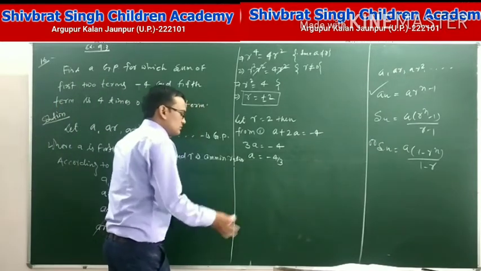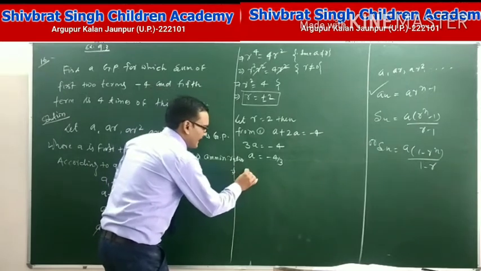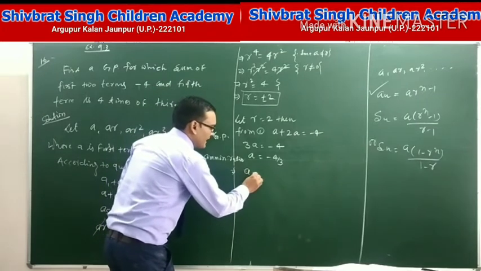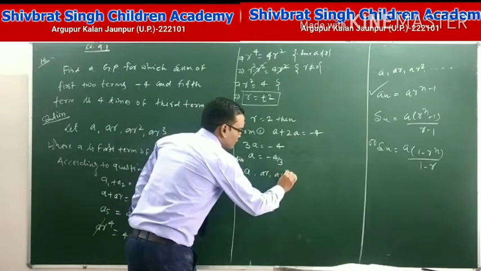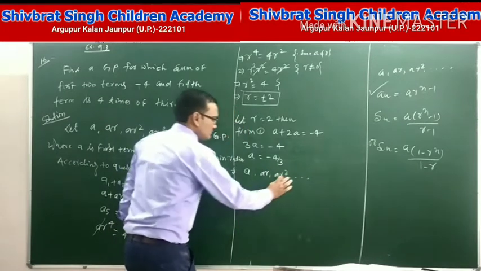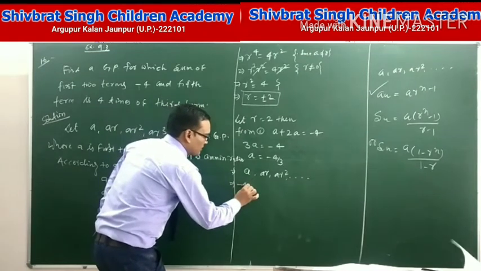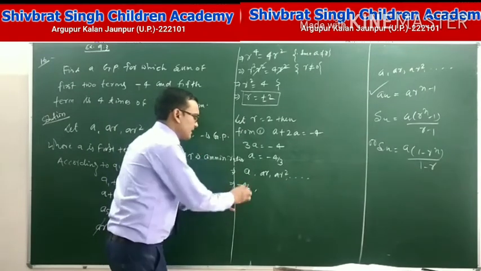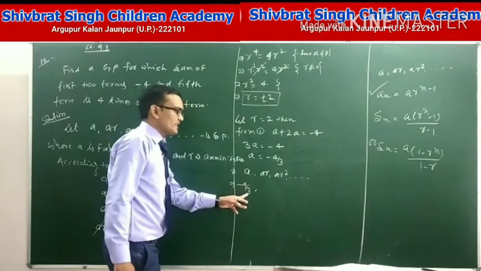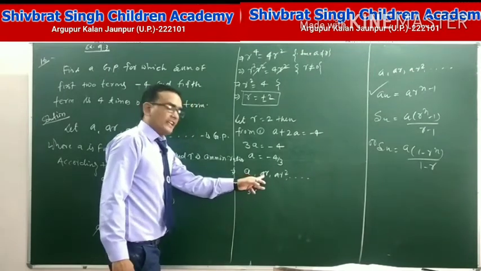So our GP is a, ar, ar square, and so on. This implies the value of a is minus 4 by 3, and multiplying by r, we find the value of ar.